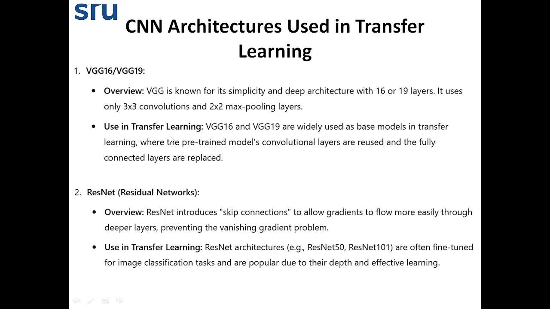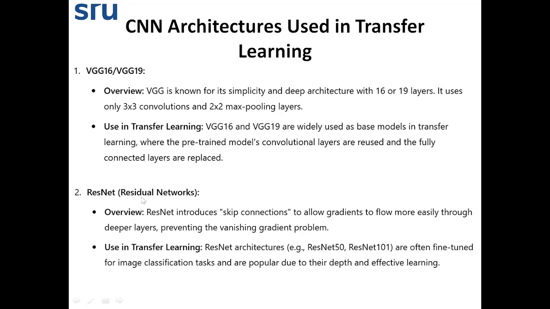Used in transfer learning: VGG16 and VGG19 are widely used as base models in transfer learning, where the pre-trained model's convolutional layers are reused and fully connected layers are replaced.